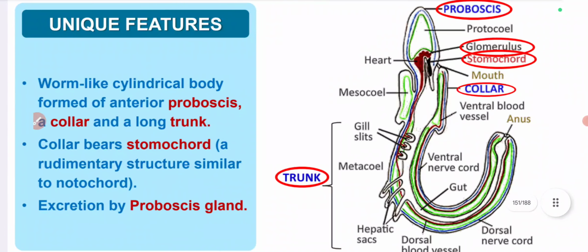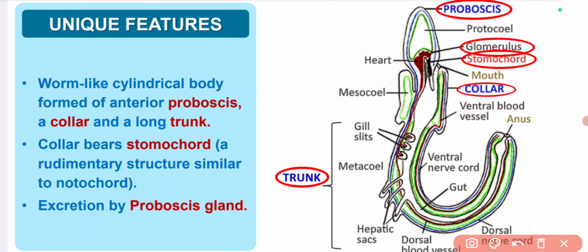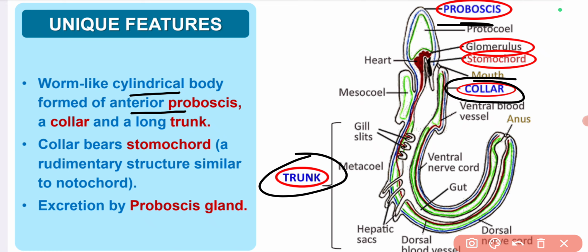Unique features: worm-like cylindrical body formed of an anterior proboscis, a collar and a long trunk. The body is worm-like and cylindrical, anteriorly a proboscis is present, and a collar area and trunk portion.